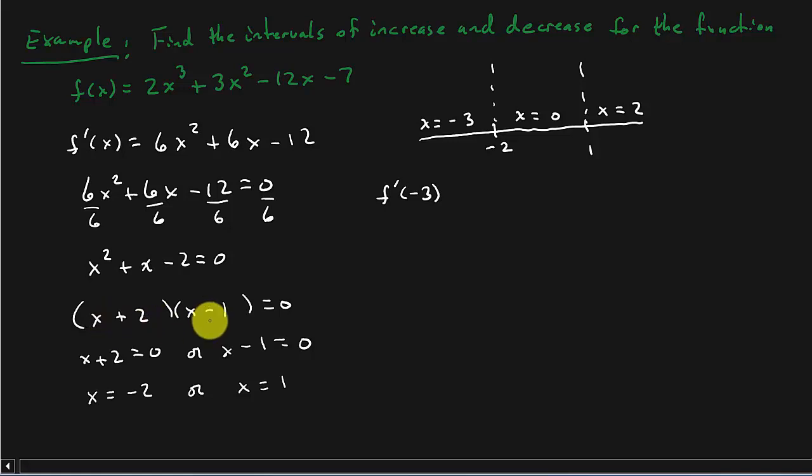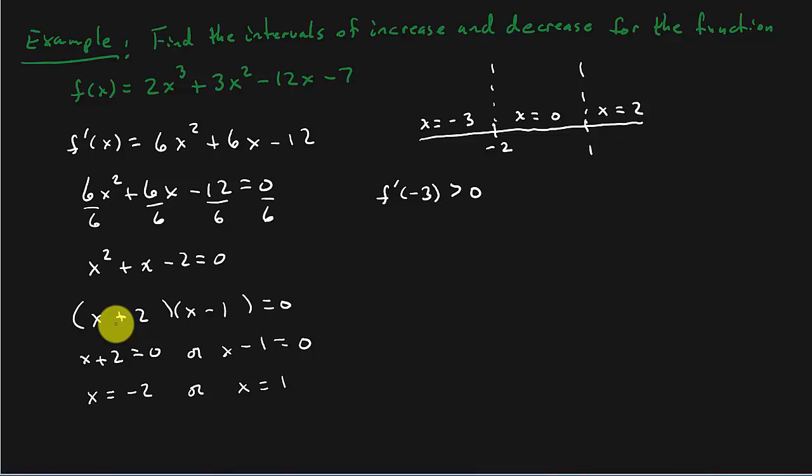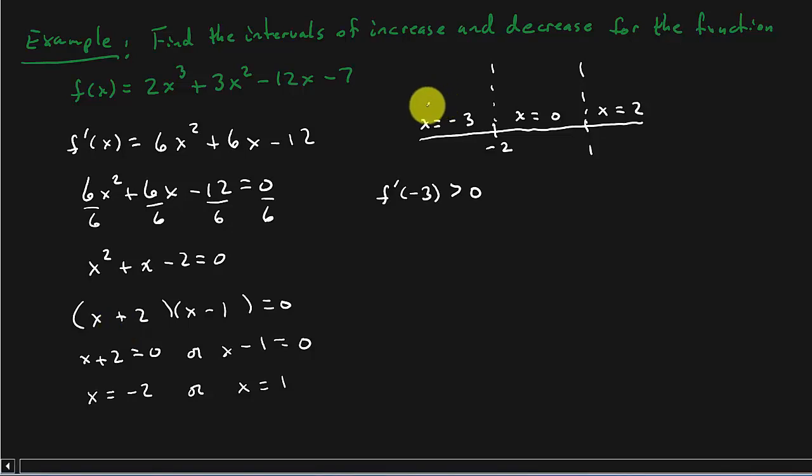So I've got a negative times a negative, which is a positive. That's all I care about knowing. When I plug each of these numbers in, am I getting a negative number or a positive number? Here I'm getting a positive number, so that means it's increasing.